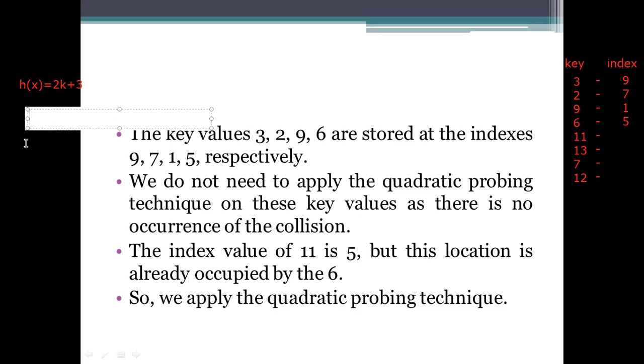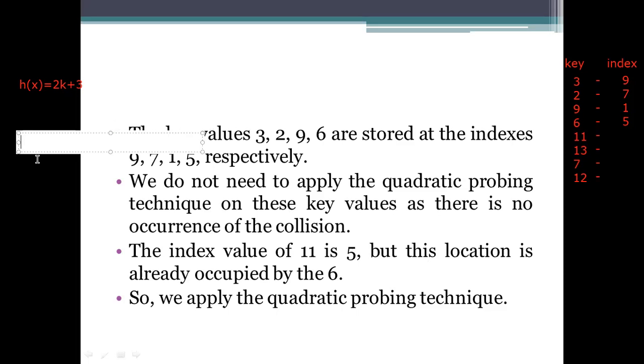So here the value h of x, or h of 3, consider the first one, which is equal to 2 into 3 plus 3, which should be taken modulus 10, because the m value has been given as 10.